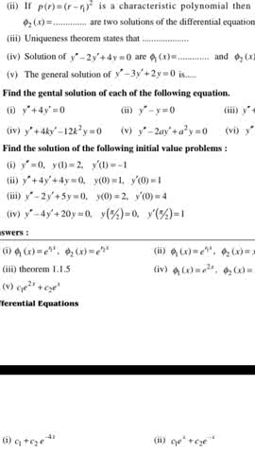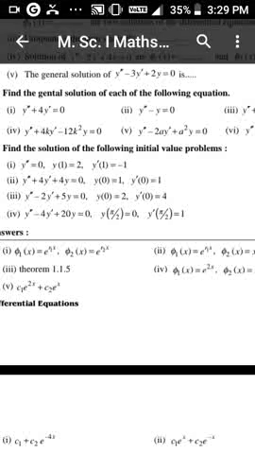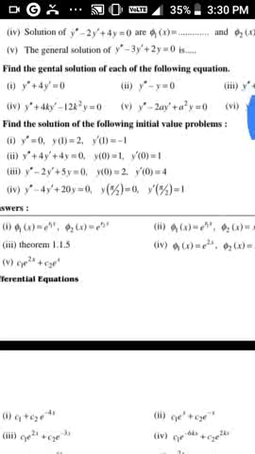Therefore, the required characteristic polynomial is r square plus 4k r minus 12k square is equal to 0, and the polynomial factors as r plus 6k into r minus 2k is equal to 0.